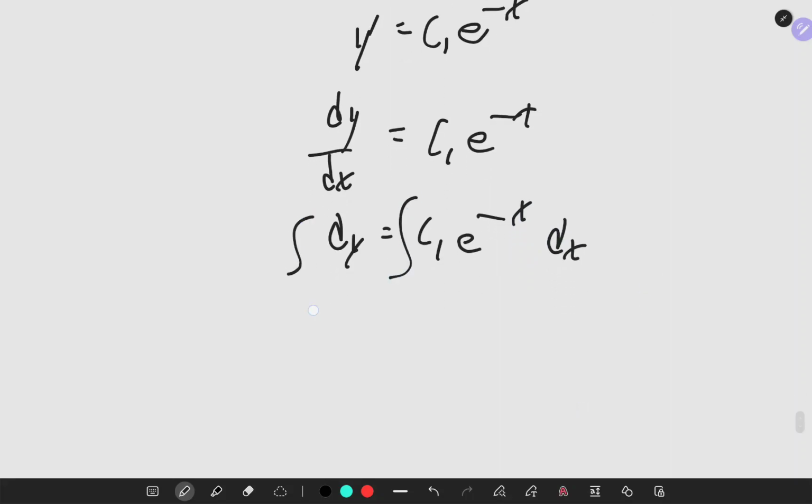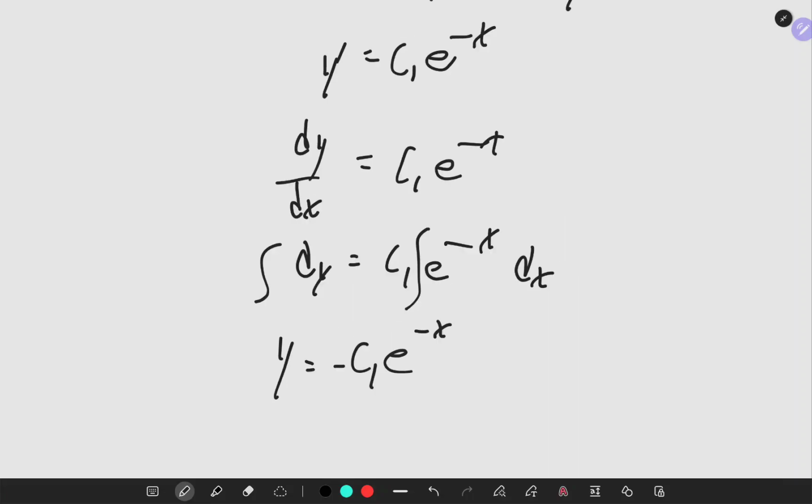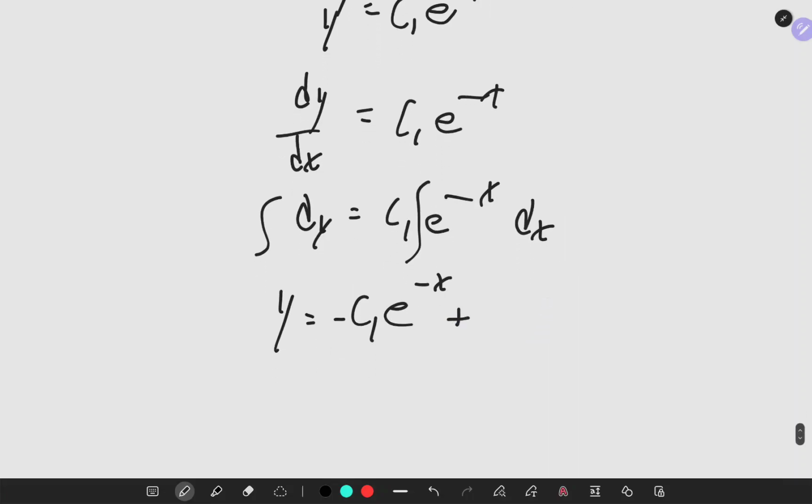You're left with y is equal to, pull that c1 out, c1 e to the -x. It's always going to be positive, and I'll tell you why in a second. And this would be plus c2.